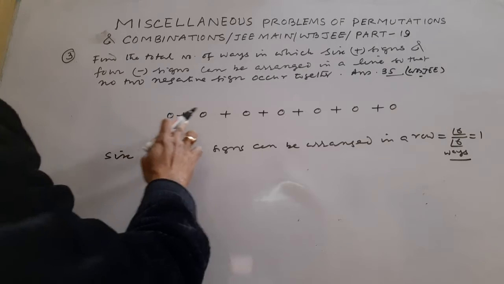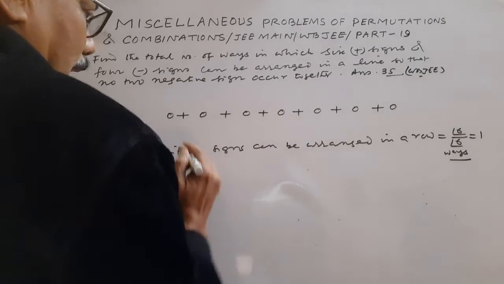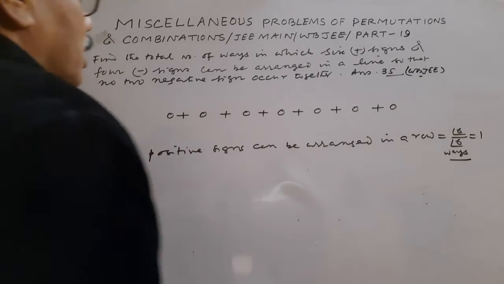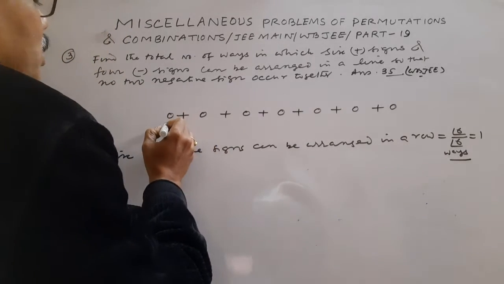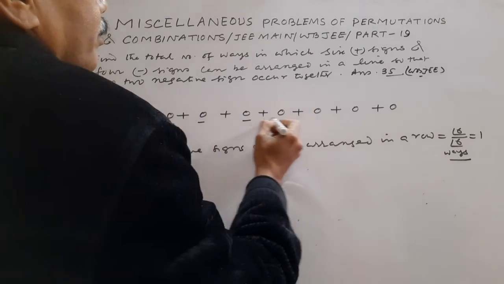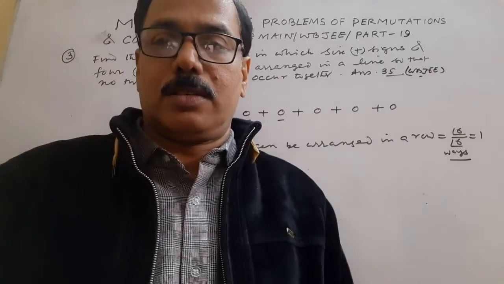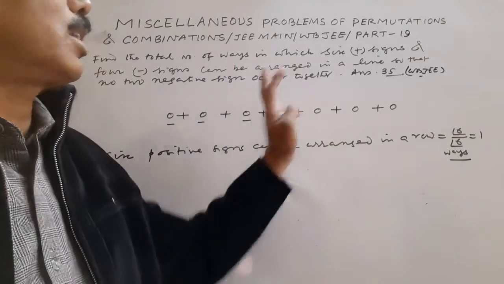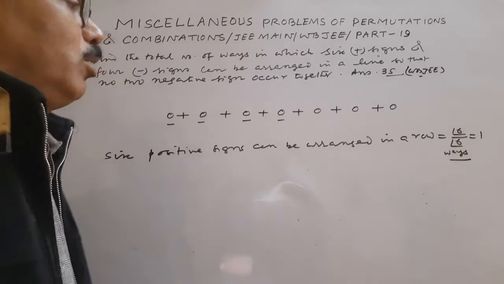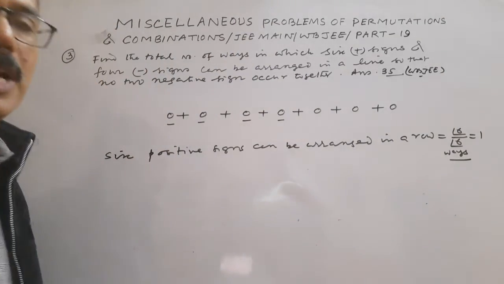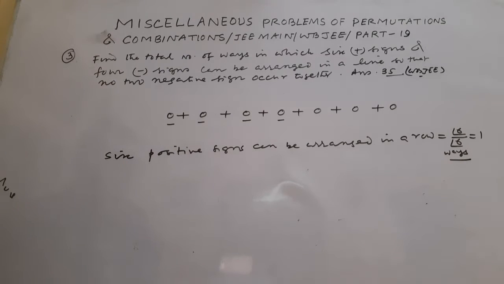So in 7 gaps, if we place 4 negative signs, then no two negative signs are together. So this is our condition. Look, positive signs may be together, no harm. No two negative signs are together.